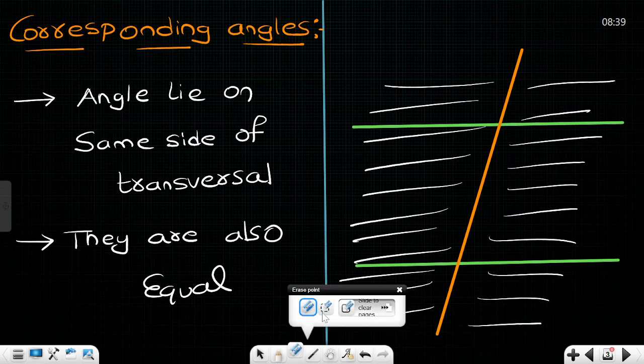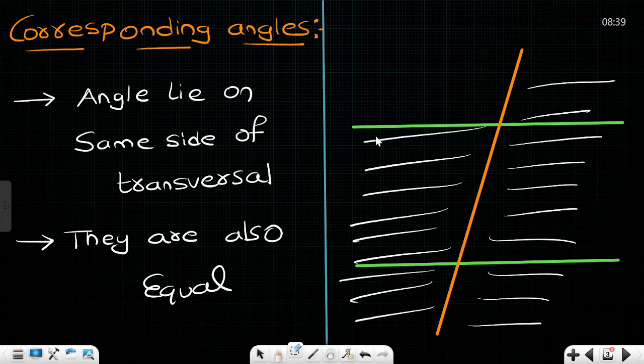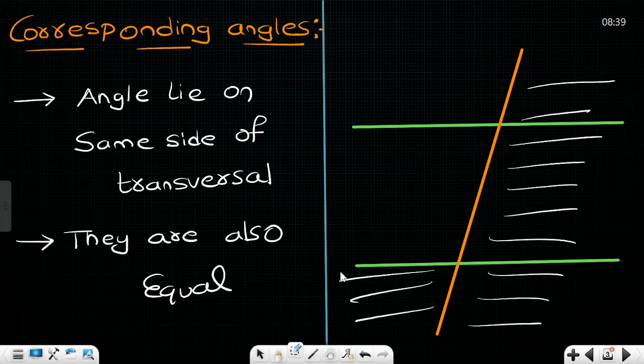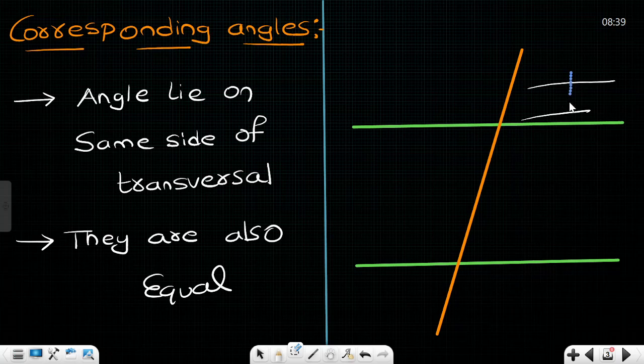Let me show you what angles will come under that. So now they should lie on the, so let's talk about this side. This angle is obtuse. By looking we can say it is obtuse angle.